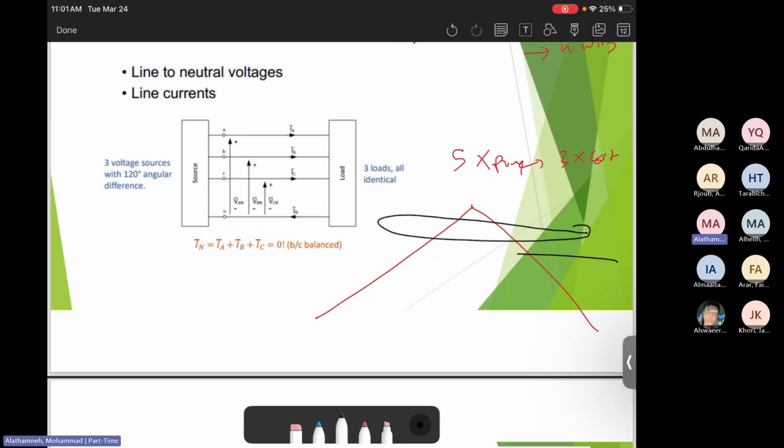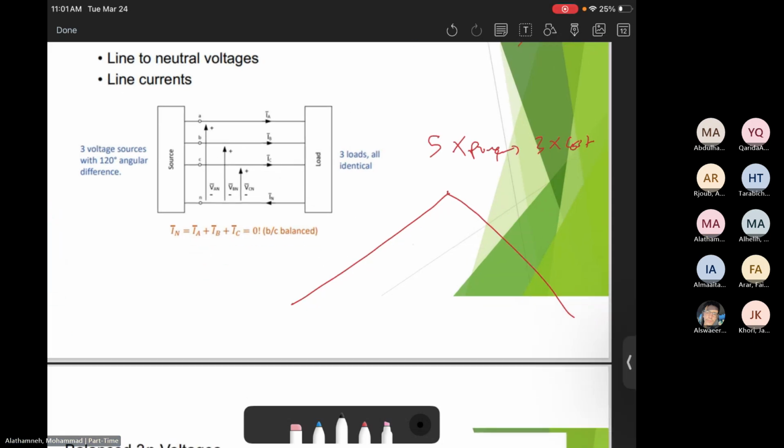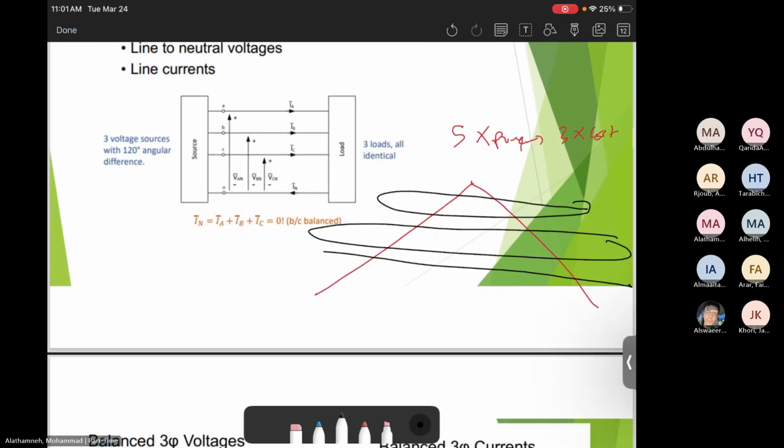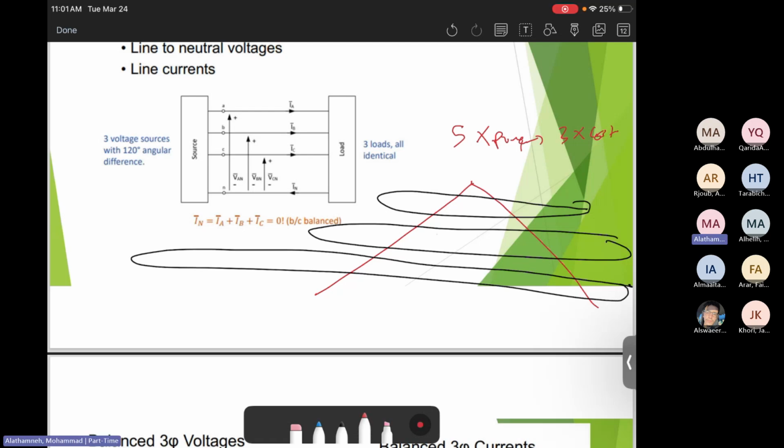For example, like this tower. Here is one conductor, 3 phases. If you need 6 phases, then we have 1, 2, 3, which makes the high voltage tower very large in size, and the infrastructure cost very high.